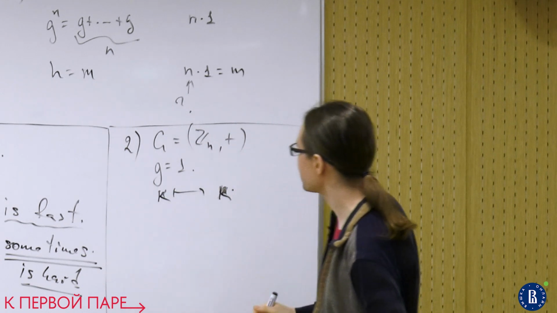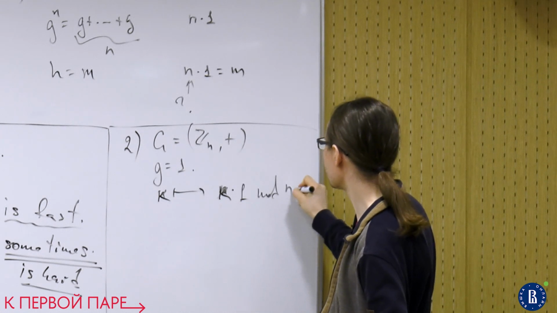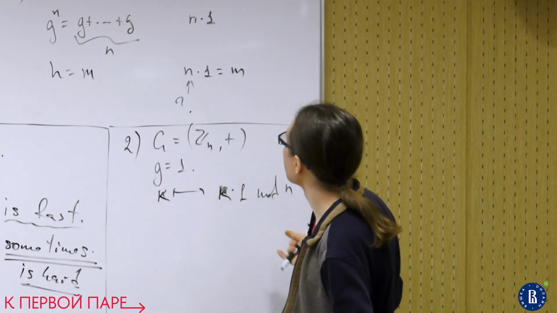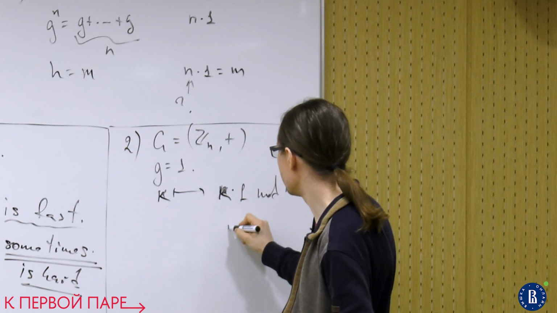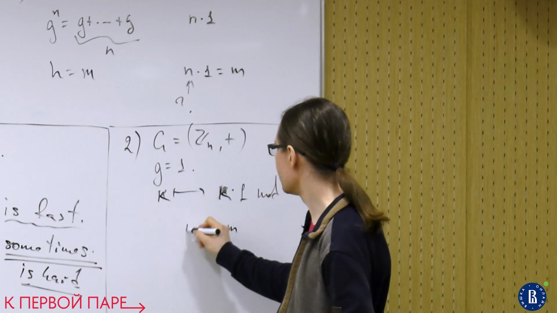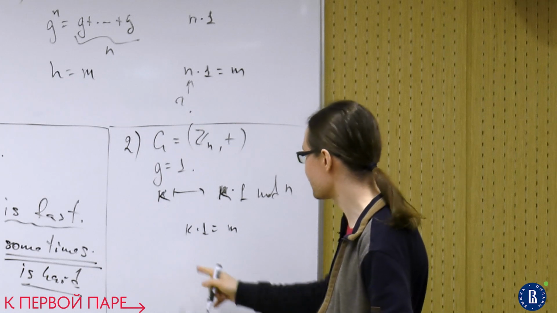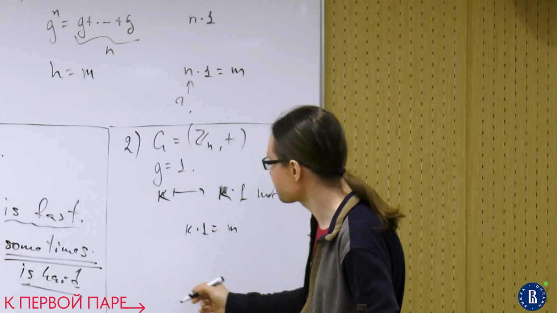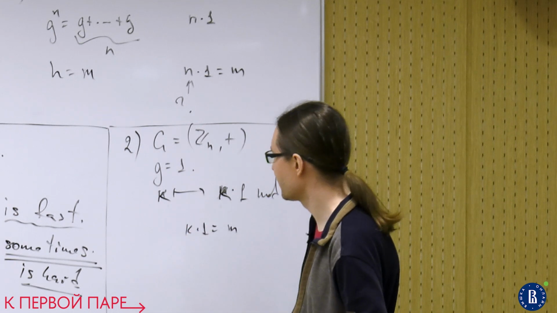So raising to a power is just multiplying 1 by k, and then we take the result modulo n. So it's not that difficult. In the opposite direction, if you are given an element m from here, you have to solve an equation like that. And again, it's simple because you just need to take k to be m, and that's it. So this is an example where, again, it's not very complicated.